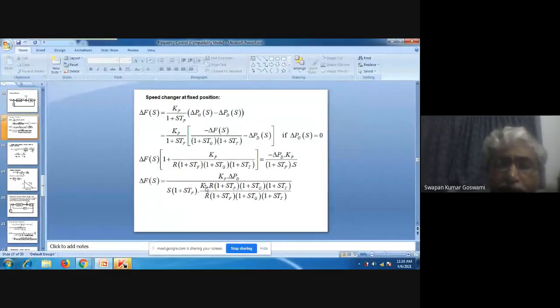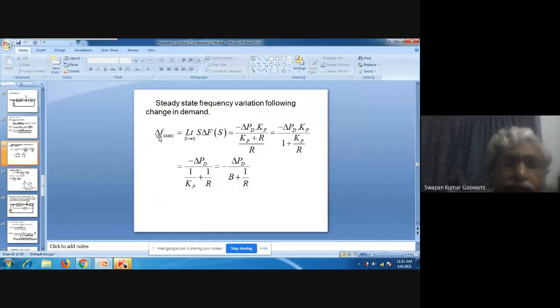So if this is the expression for del fs, to find the static or steady state change in frequency, again you can employ the final value theorem, where we find the value of s times delta fs as s approaches 0.